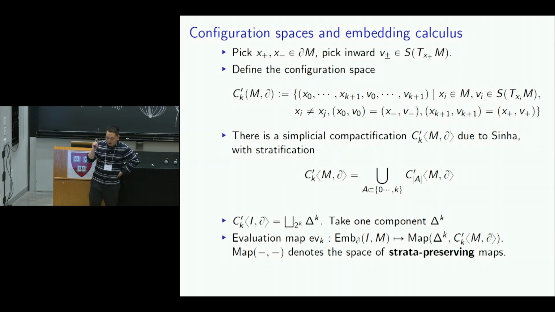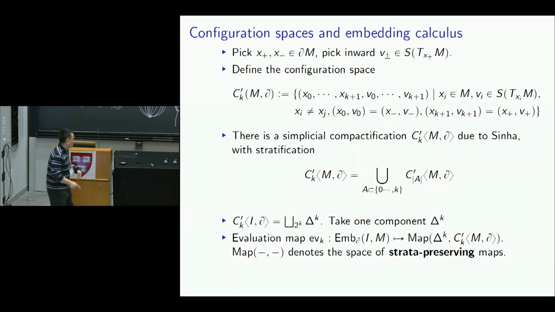Now, why do we care about it? Because if we consider the space of embeddings from the arc, from this interval to M, then there is an evaluation map going from this embedding space to the space of maps from delta k to C_k prime.